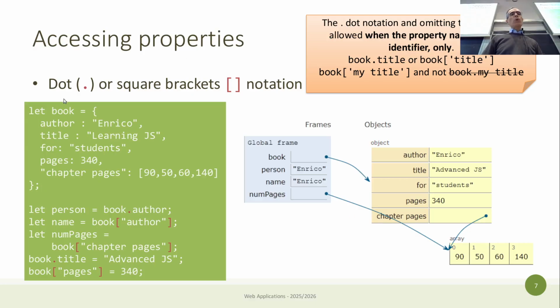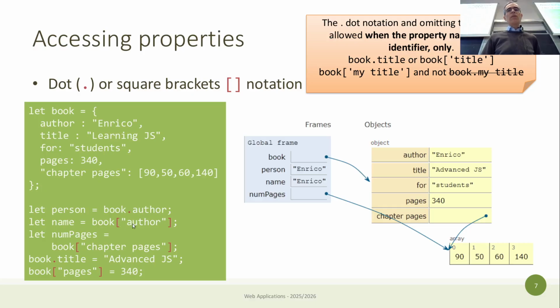Accessing properties: you already saw the notation, the dot, or the square brackets. You define an object with a number of keys or properties and a number of values, which can also reference other types of objects, including arrays. Then you can use just a dot to access it, as in many other programming languages, or the square brackets.